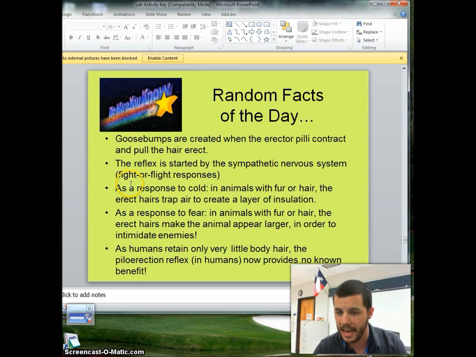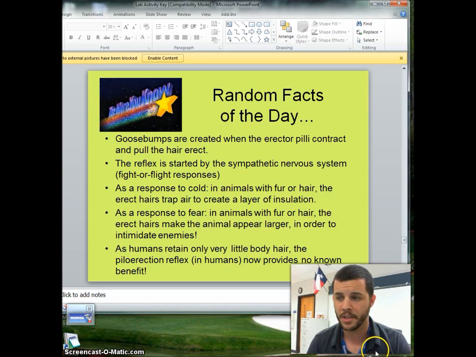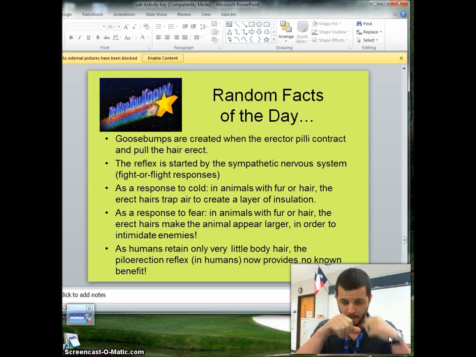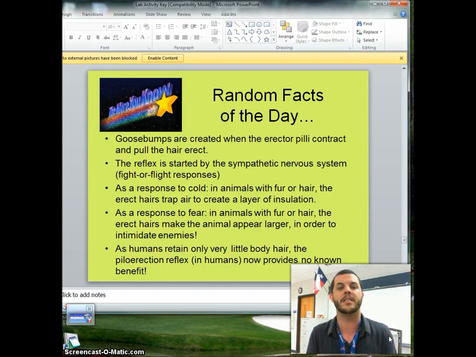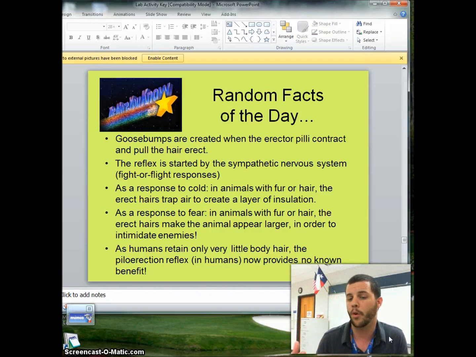Random fact of the day. This is talking about why we get goosebumps. Funny story, I paused it because I had a visitor come in, and I have no idea where I was. So here we go again. When an animal becomes cold, the hair will stand up on its end to create a current of air that will insulate the animal's skin and warm them up.